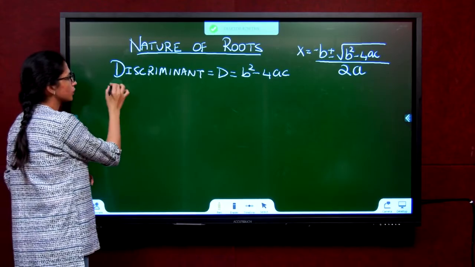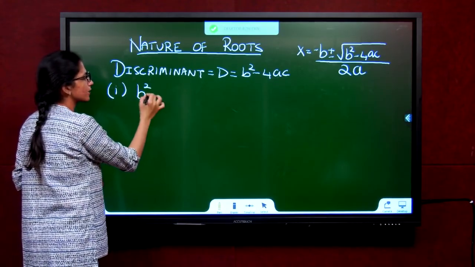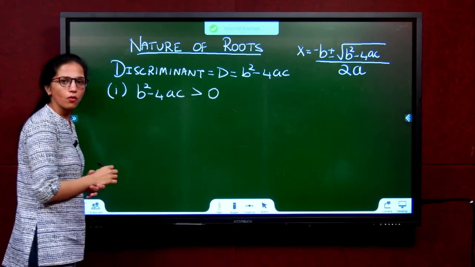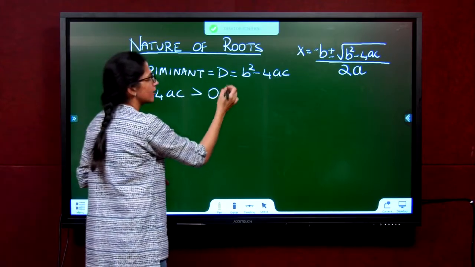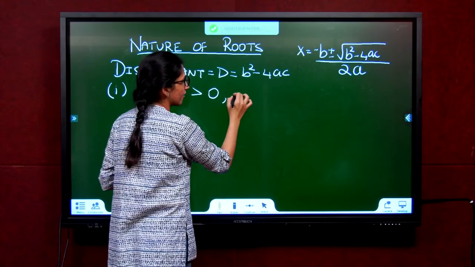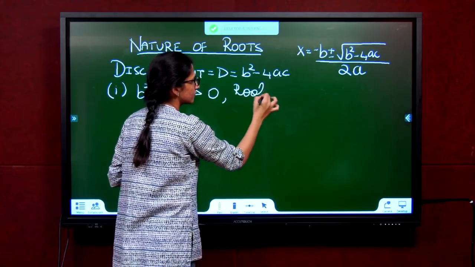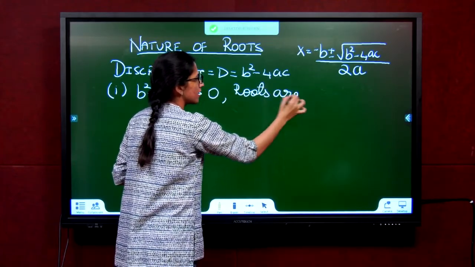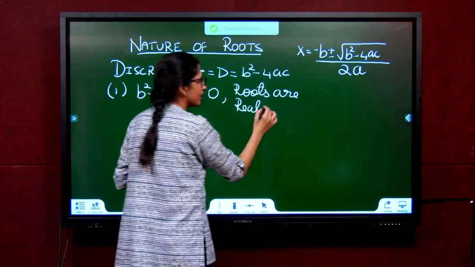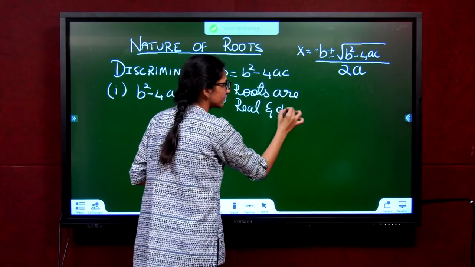How? Condition 1. If b square minus 4ac is greater than 0, then the roots, meaning the values of x, are real, that means they exist, and distinct.